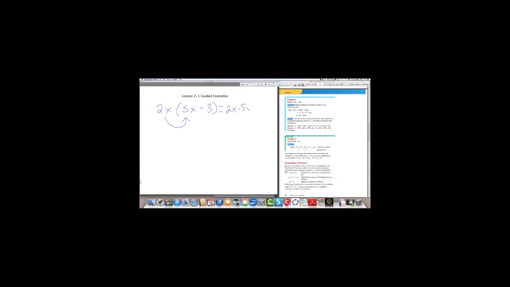So 2x times 5x, and that's going to be minus the second thing it gets distributed to, over here, and that'll be 2x times minus 3, so minus 2x times 3.